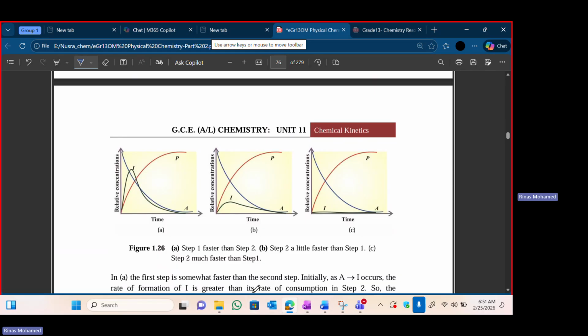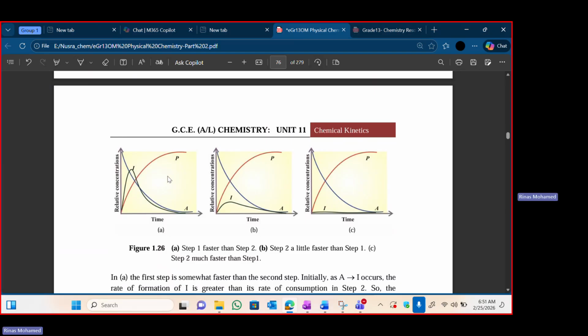Right? In graph A, you see, we explained this graph earlier.